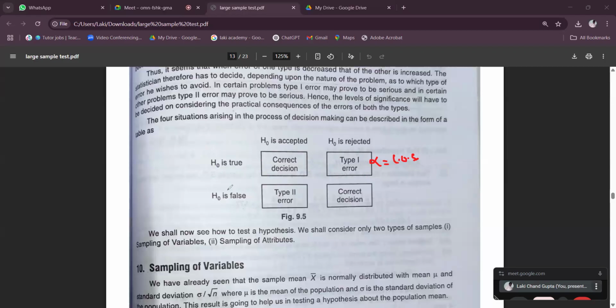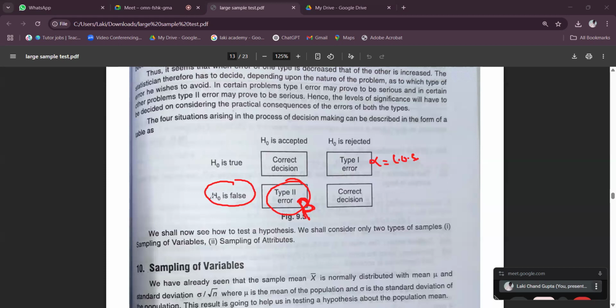Suppose you are guessing anything false, but it is accepted. So this is called type 2 error. Type 2 error is represented by beta.